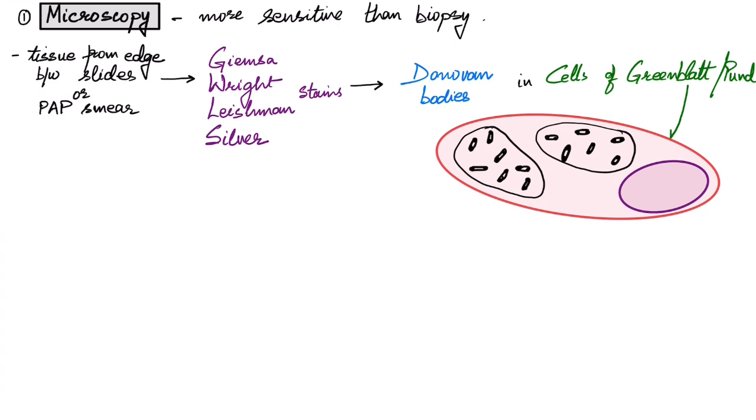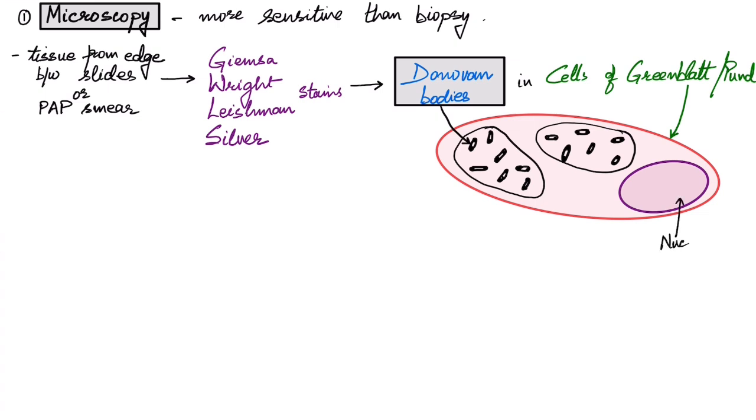So let's mark it. This is the cell of Greenblatt. The Donovan bodies are either dark blue or black in color when stained. So this is the Donovan body.